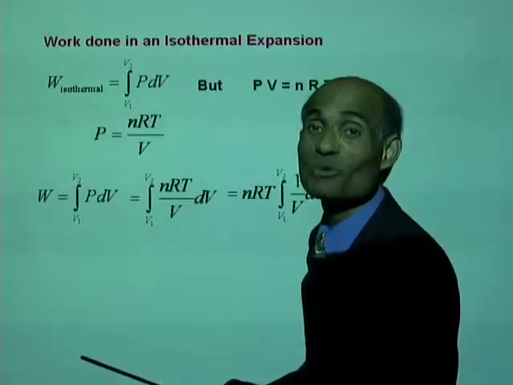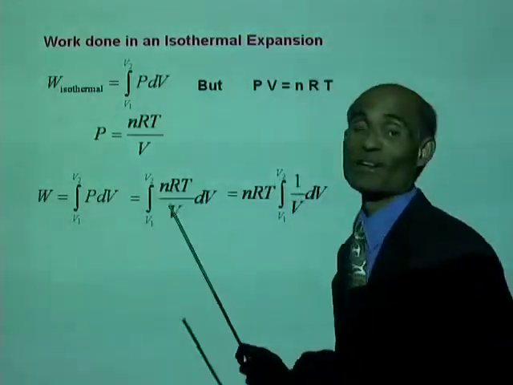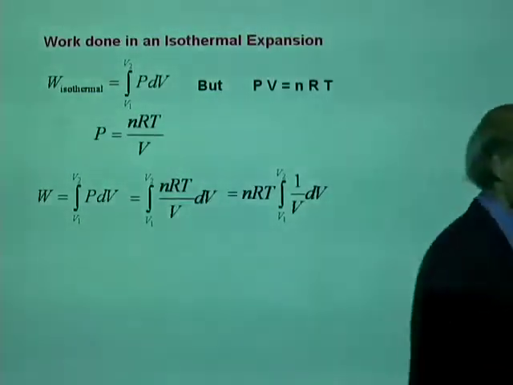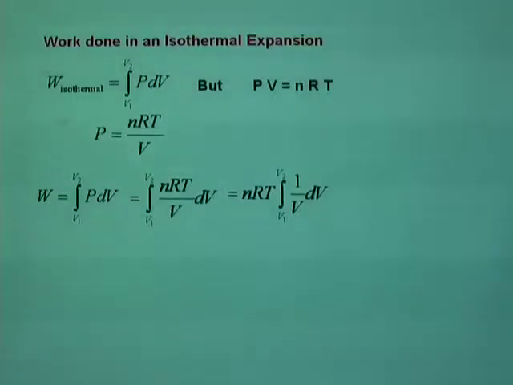Okay, how many of you recall this integral? What is integral of 1 over V dV? It's a very elementary integral that you do in your calculus 1. Is that right? Integral dx over x is ln of x.